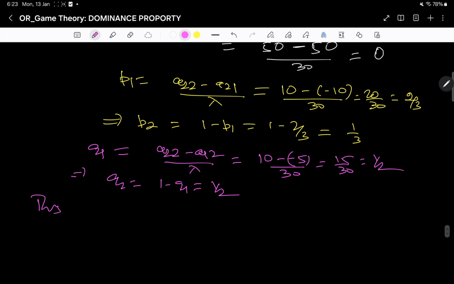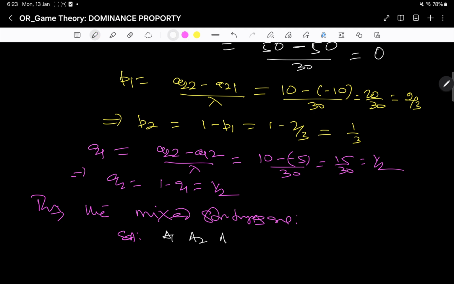Hence, thus the mixed strategies are: SA is A1, A2, A3, where A1 is 2 by 3, A2 is 1 by 3 and A3 is 0.